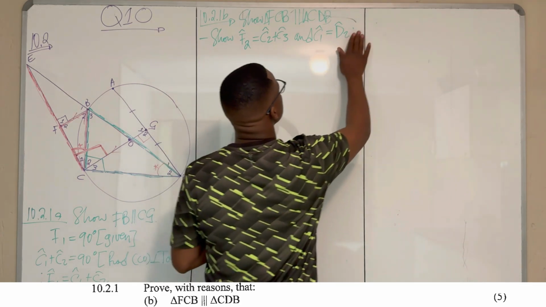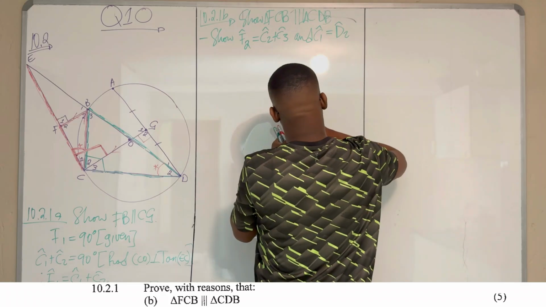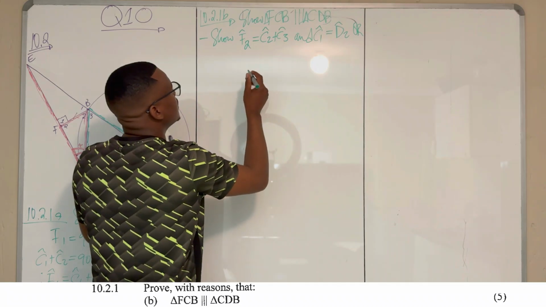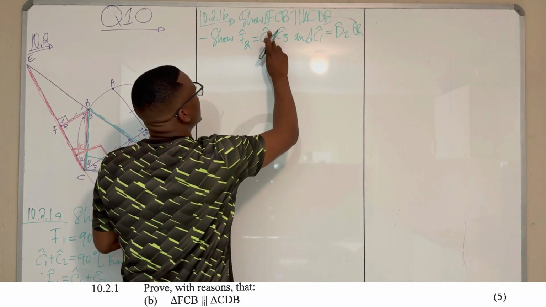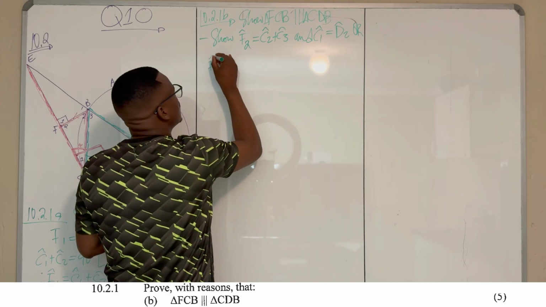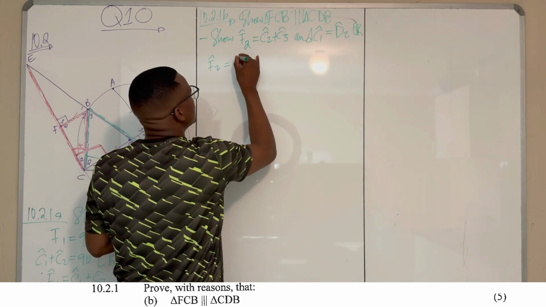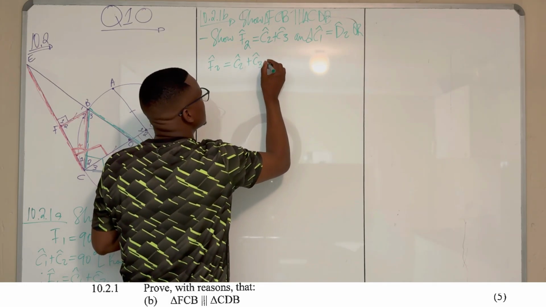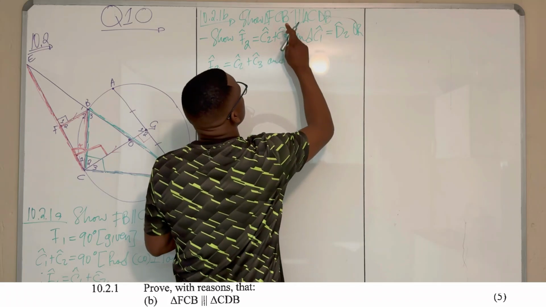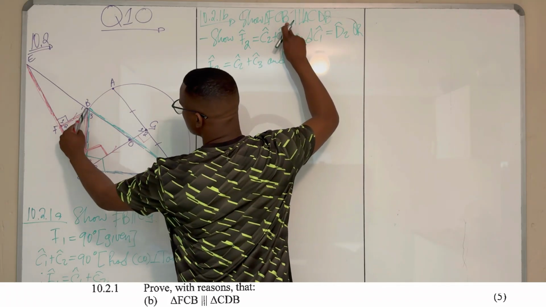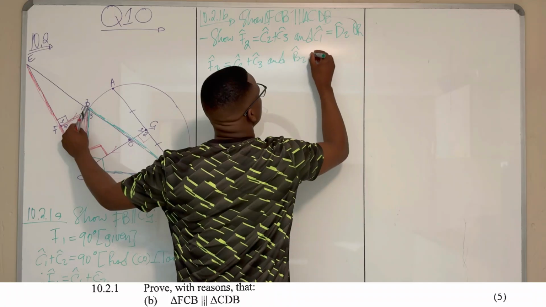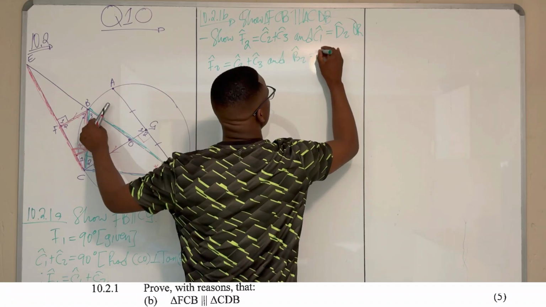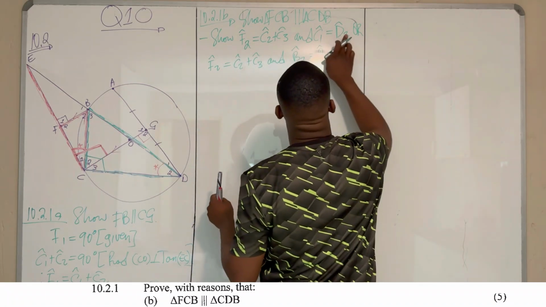Or you can show that, let's say, your angle F2 is equal to C2 plus C3, and maybe your angle B, which is your B2, is equal to angle B of the second triangle, which is your B3. So you can show this or you can show that.